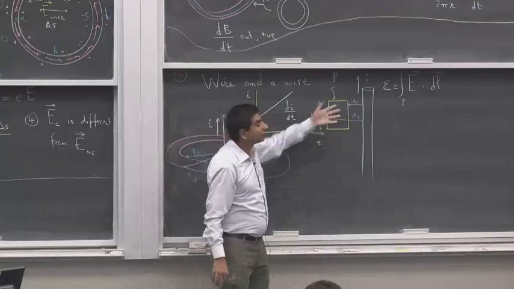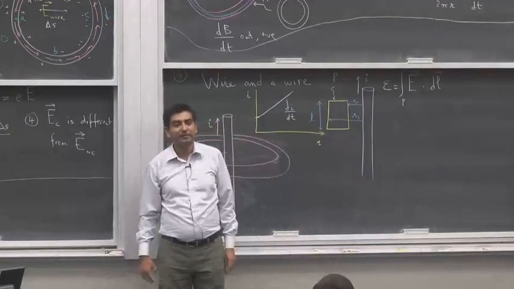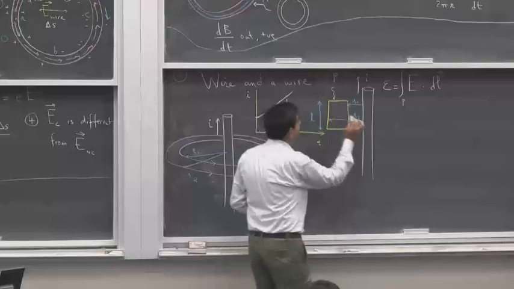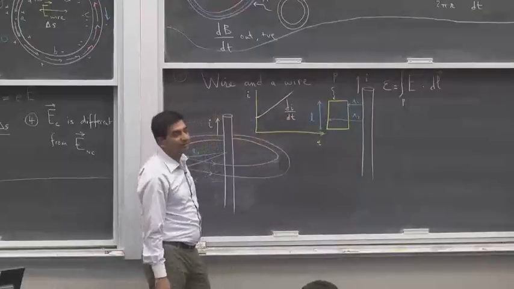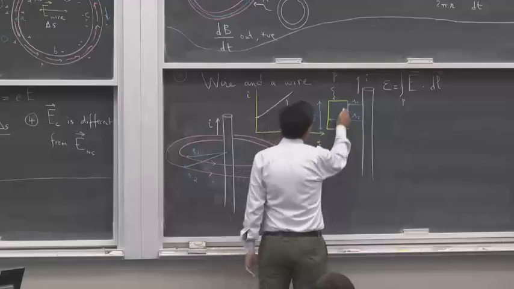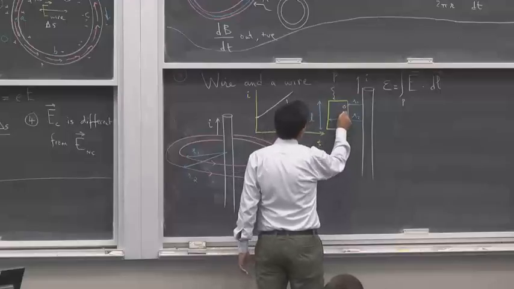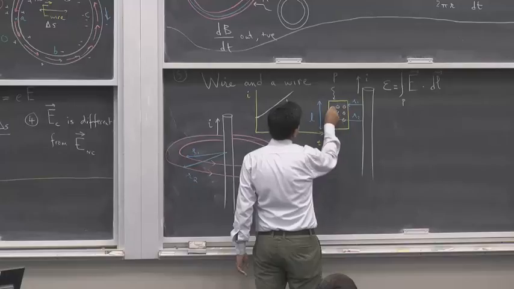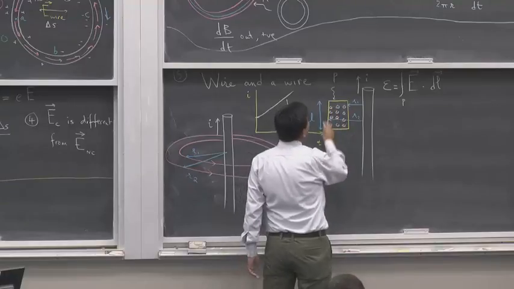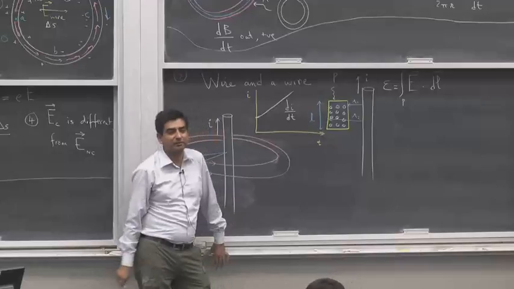I would need to use Faraday's law. Now, is there flux through this area? Yes, there is flux because there are field lines continuously coming out. What's the direction of the field lines? Outwards. So the field is coming out, everywhere. And is this field going up with time or is it decreasing with time?